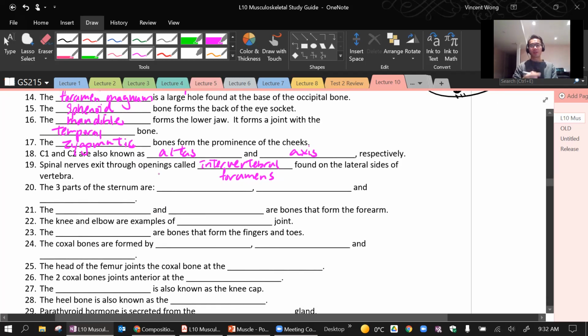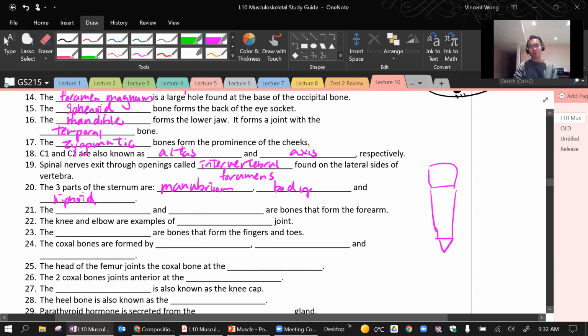The three parts of the sternum I showed you: the manubrium, the body, and then the xiphoid. Remember, like a pencil. This is the eraser at the end, this is the tip, this is the main part.